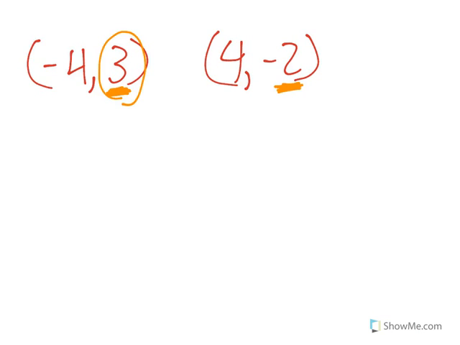How can I use these numbers to figure out a distance of 5? Take a look. This one is 3. This one is -2. What I can do is subtract and find the difference between them. Now I'm going to add in this picture. This is called the change of y.